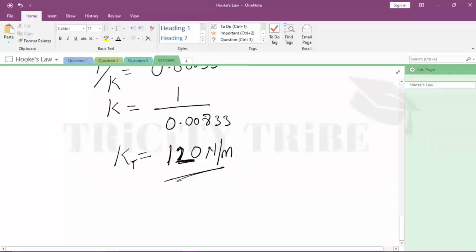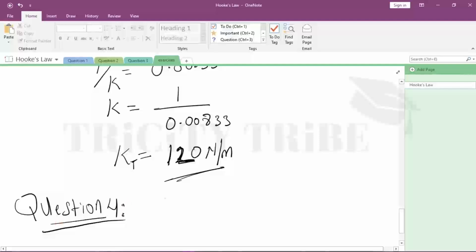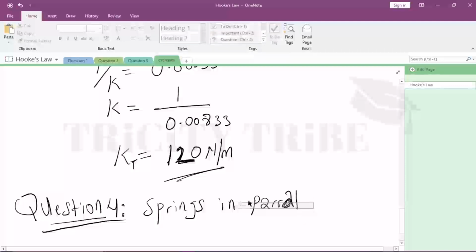Going to question 4, the last question we have here for the day. Question 4 this time around is dealing with springs in parallel.